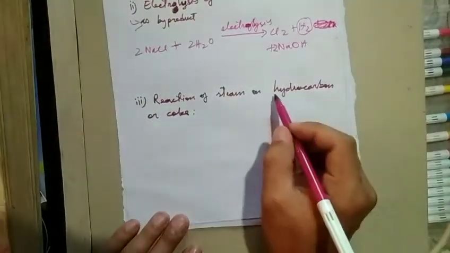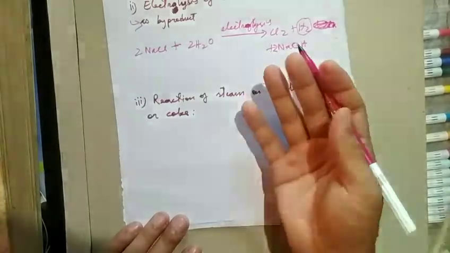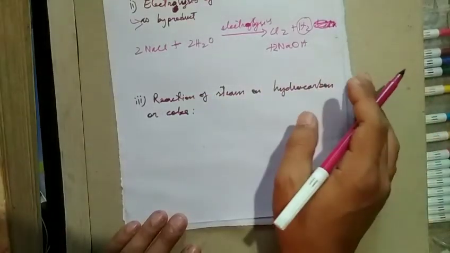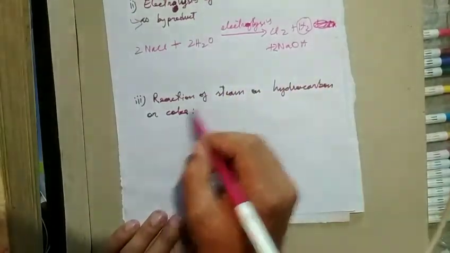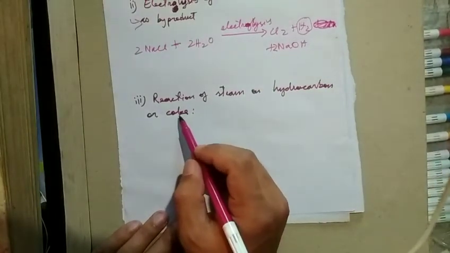Next one is reaction of steam on hydrocarbon or coke. By steam you can understand water, or steam of water, and coke means carbon.